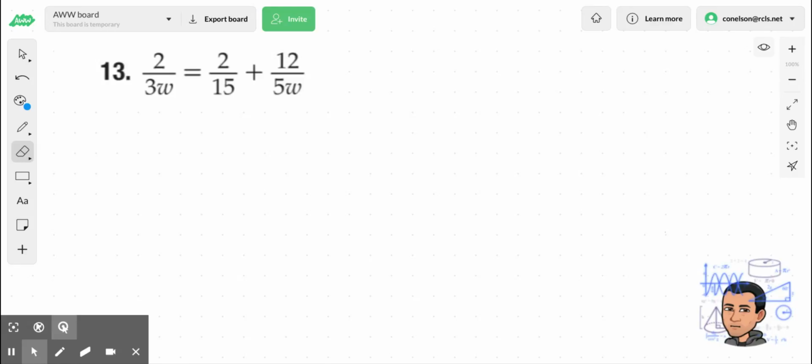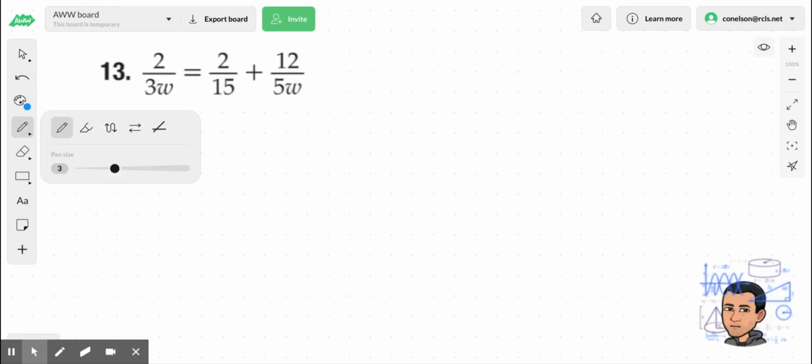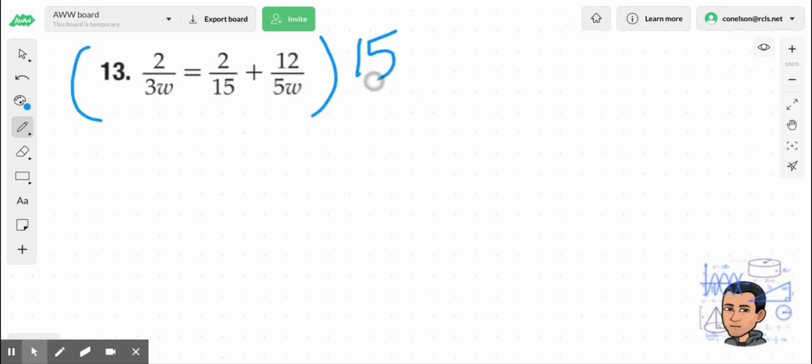So really what they did is they took the whole thing and said, I'm going to multiply the whole thing times 15w, because that way everything has the same denominator. So let's see what happens when I multiply everything times 15w.